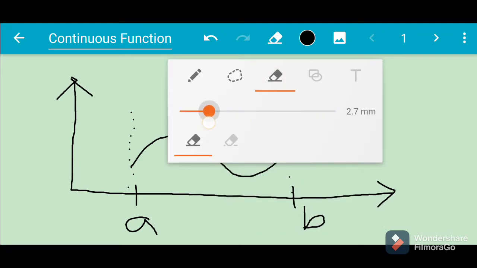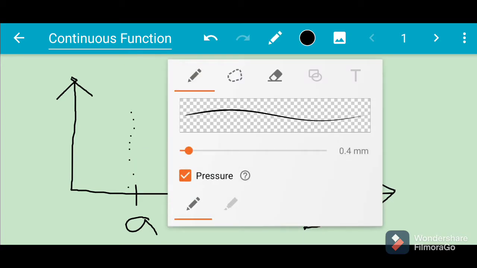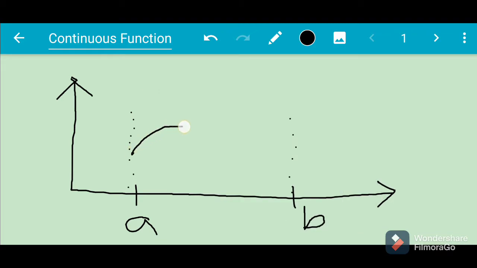Now suppose there is a point where the function is not continuous, so it looks like this, there is a break. So at this point the function is not continuous.